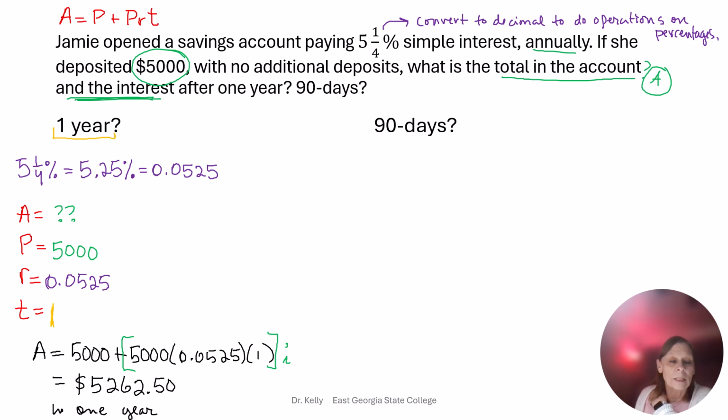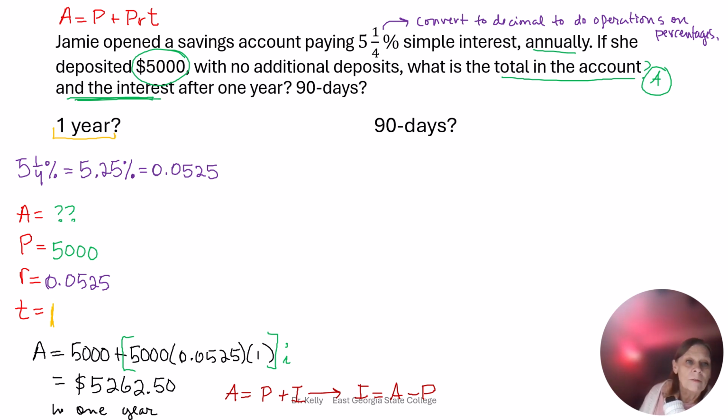And the equation is A is equal to P plus I. So we can say I is equal to A minus P.